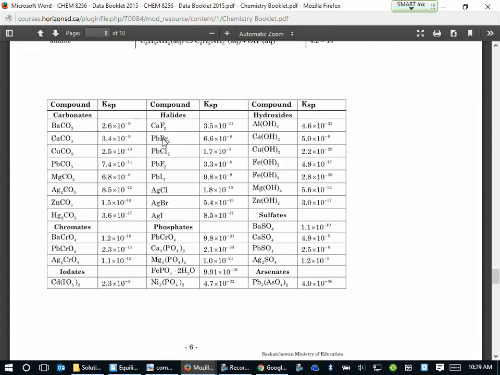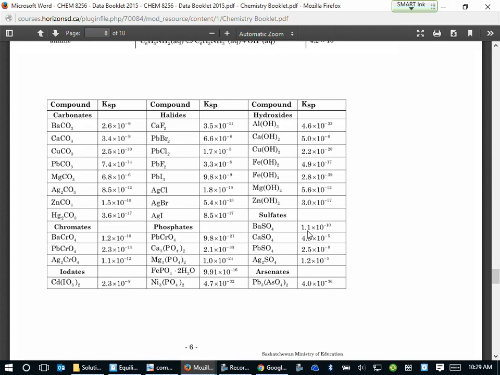Here's our KSP table. We're looking at BaSO4. This was the one I was talking about that had that error, lead phosphate. See, it says CrO4, but the chromates are all over here. So this is just a typo. This should be PO4 with that 2 that comes after here. So just so you know, that's what I was alluding to.